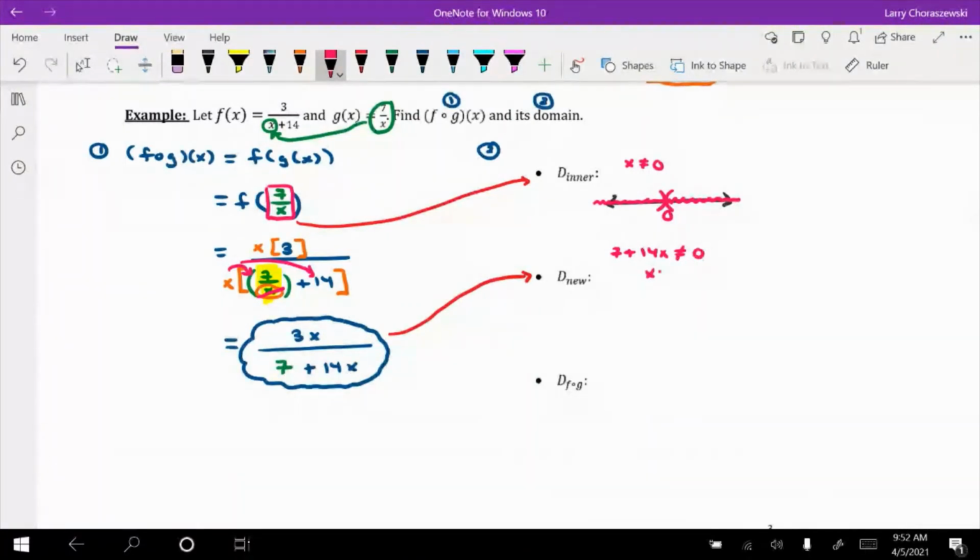And if we solve for x here, that's going to tell us that x cannot equal -1/2. Okay, so on the number line, I'm going to go a little bit further to the left than 0 from that first number line, and we'll shade to the left and right of it. Now for the official domain, what I'm going to do is drop a dashed line through both the numbers 0 and -1/2.